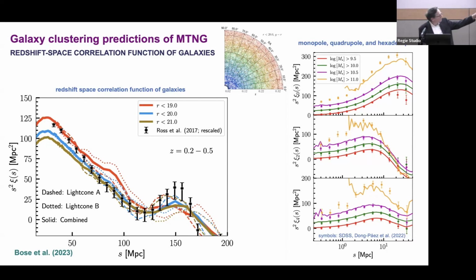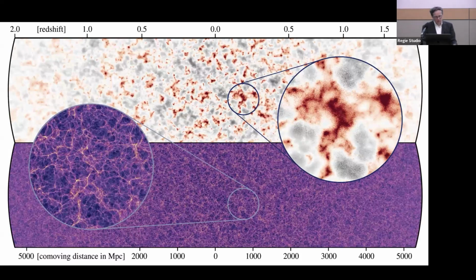There you see data in red symbols, and the simulations that we have are the lines. You see again that these large models, to zeroth order, reproduce the observations pretty well, right? We are actually looking for 1% deviations between the observations and the theory. That's the level of precision needed to understand these cosmological effects.